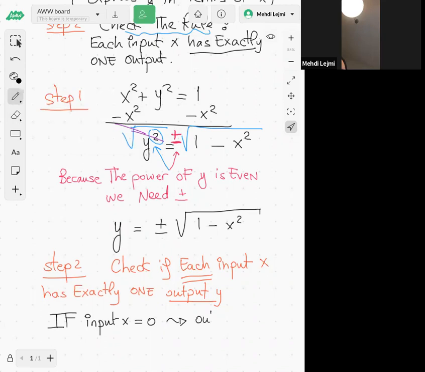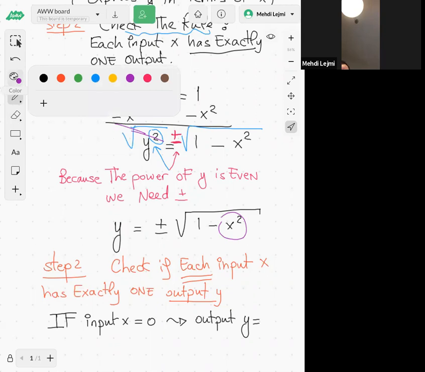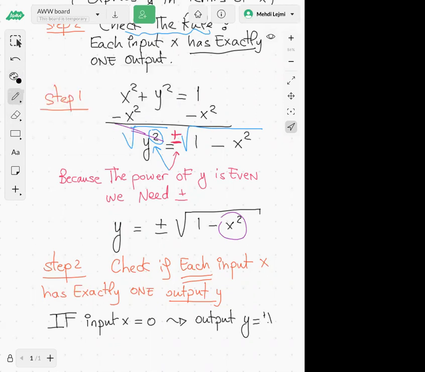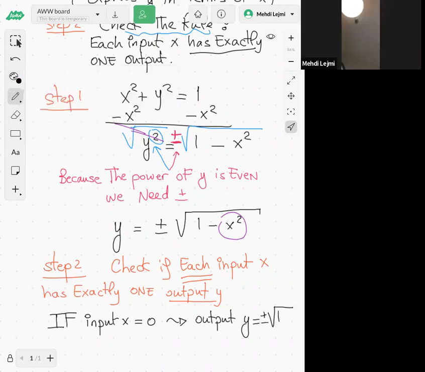I just replace x by 0, so y would be plus or minus the square root of 1 minus 0 squared, so y would be plus or minus 1.